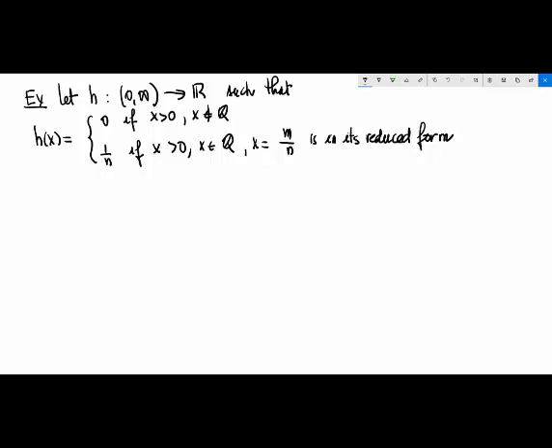Okay, now let a be some positive number which is also rational.